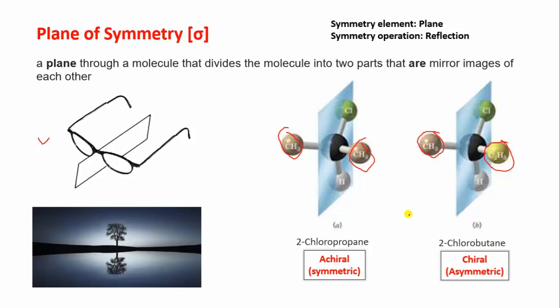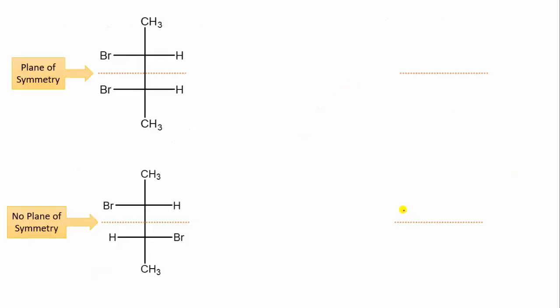By understanding more examples, if we take this example, it has a plane of symmetry in the middle. So one part is a mirror image of the other part.